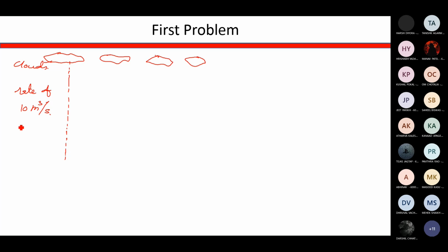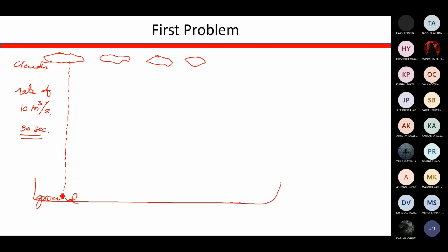Find out the amount of rain collected on the ground after 50 seconds. So this is your ground. Got it? It's a very simple problem.